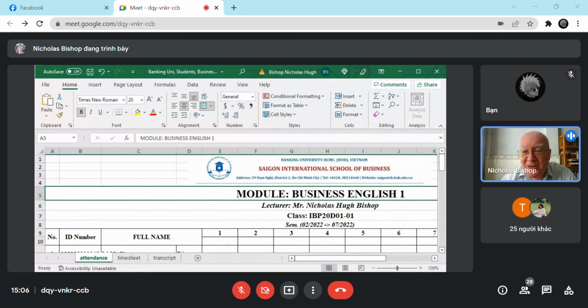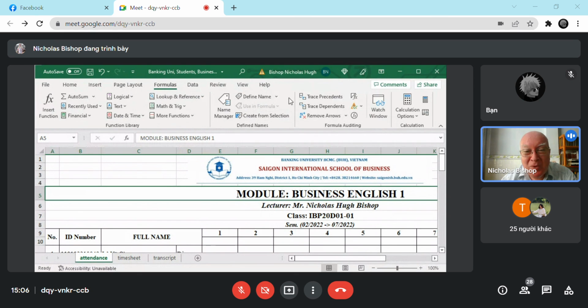What do you say if I read the attendance names? There are 2 possibilities. If you are not here, then you cannot say anything.